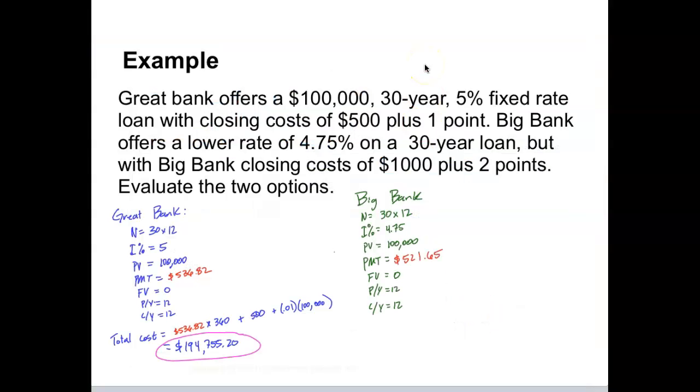All right, so now let's figure out how much my total cost is going to be when all is said and done. So I'm going to do the 521.65. I have to make that 360 times. And then closing costs, let's see, $1,000. And they said plus 2 points, so that's plus 2% of the loan in total, 2% of 100,000.